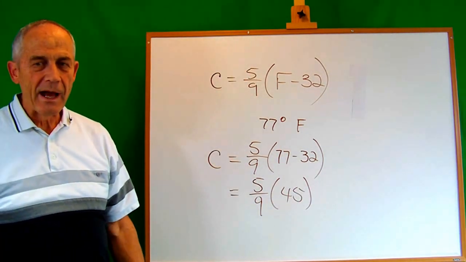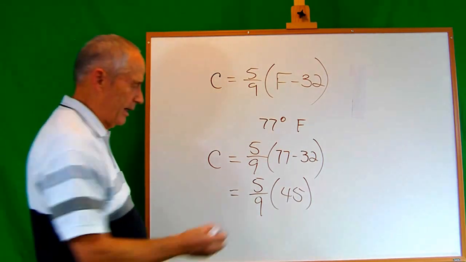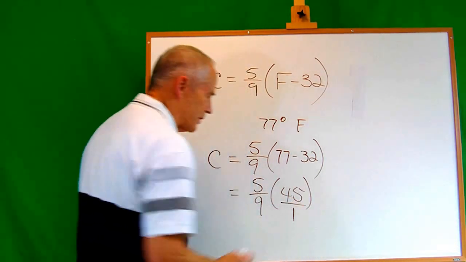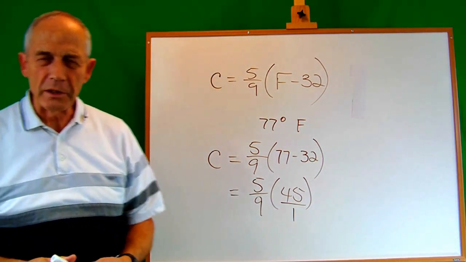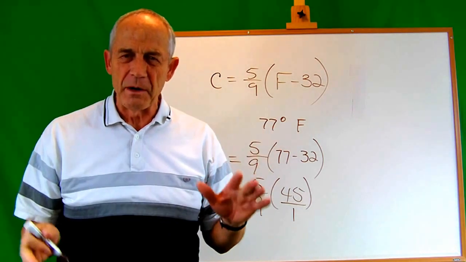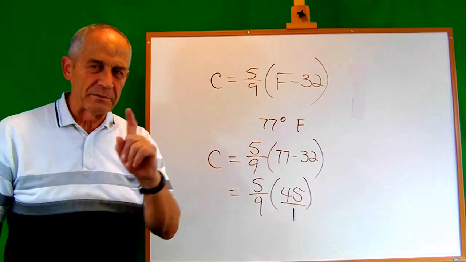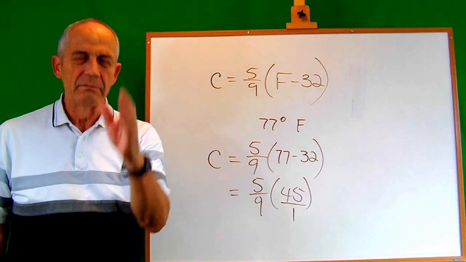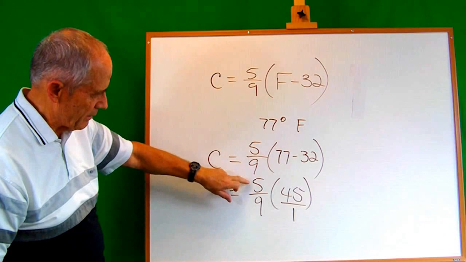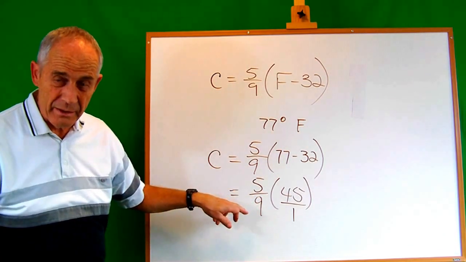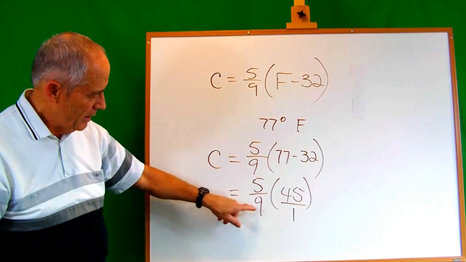Okay, now we have a fraction here, and remember when we work with fractions, if we make everything look like a fraction, it makes it a little easier for our brain to tell what to do. When we multiply fractions, what's the first thing we do if we're smart? Simplify. So we start here with a 5. Are there any 5s in the denominator? Since it's in the numerator, no. Come down to the 9.